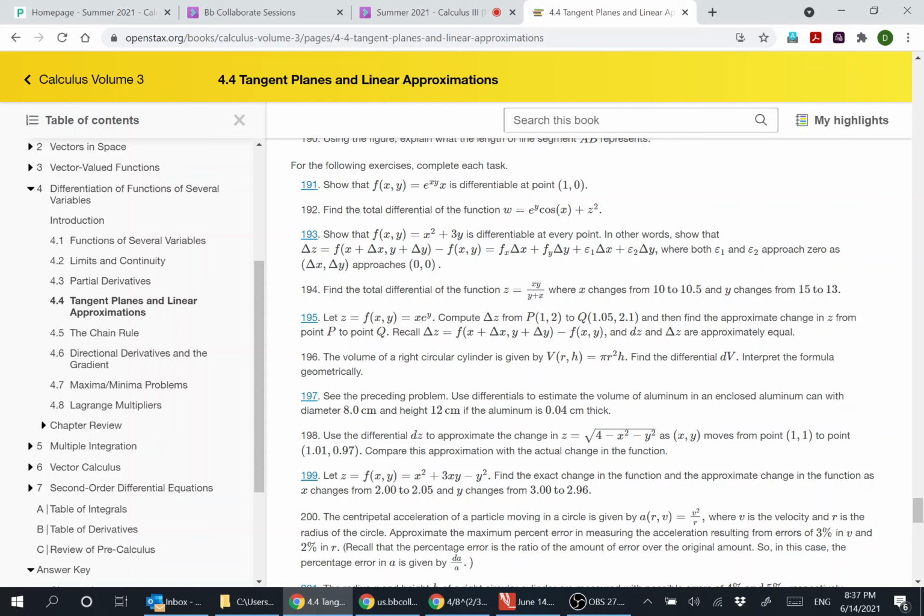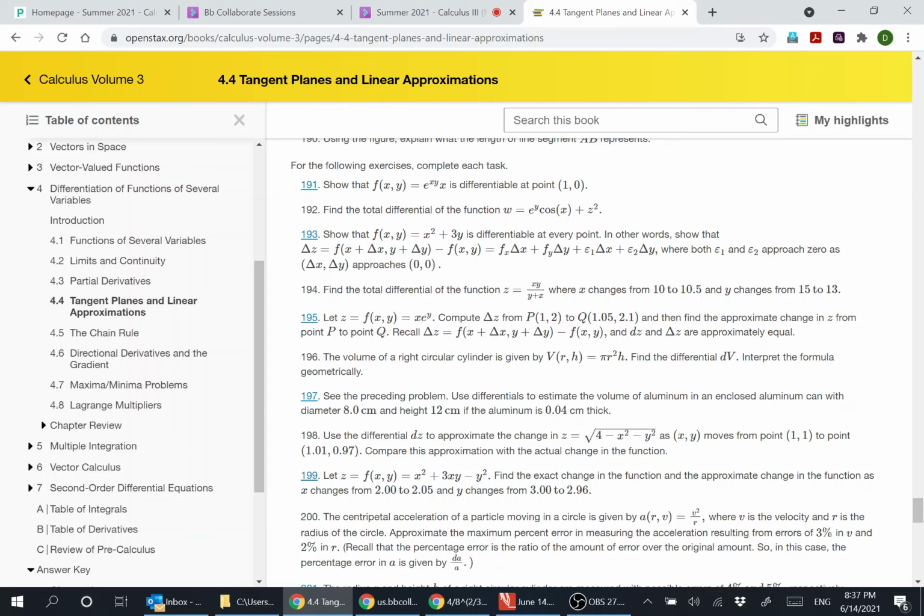So z is equal to x e to the y. Compute delta z from P(1, 2) to Q(1.05, 2.1), and then approximate the change in z using the differential dz. And then compare that. dz and delta z are actually close to each other.